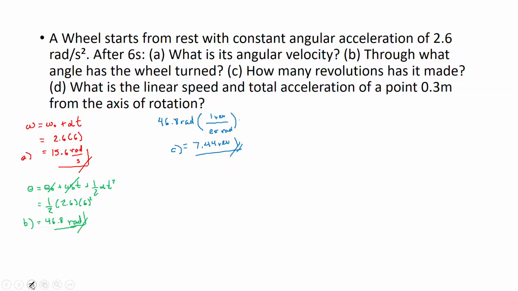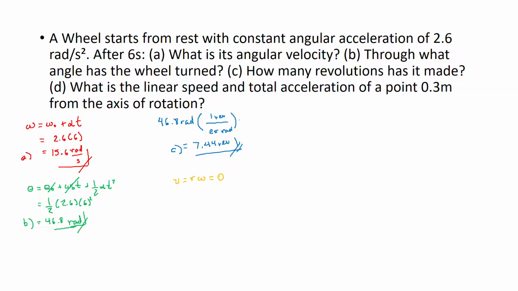And finally, I'm going to use an orange. For part D, what is the linear speed and total acceleration at that point? Okay, 0.3 from the axis. Well, we know that the velocity is going to be r, the radius, times angular velocity. And we know both of them, so pretty much we have to substitute.